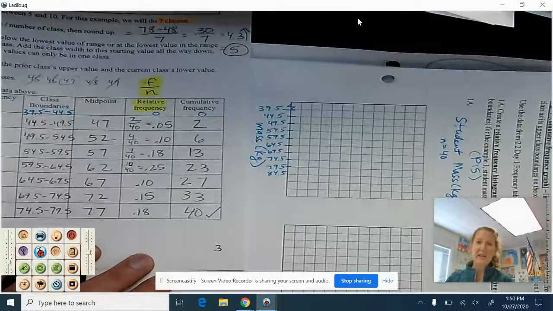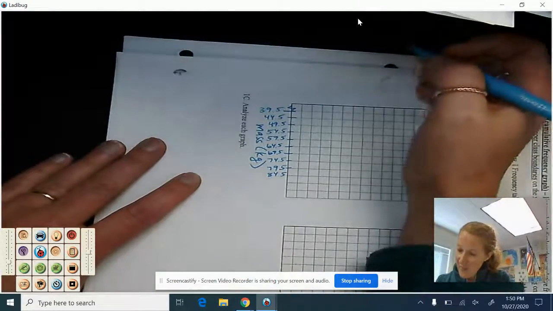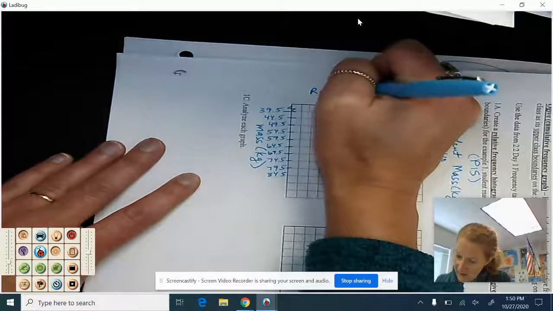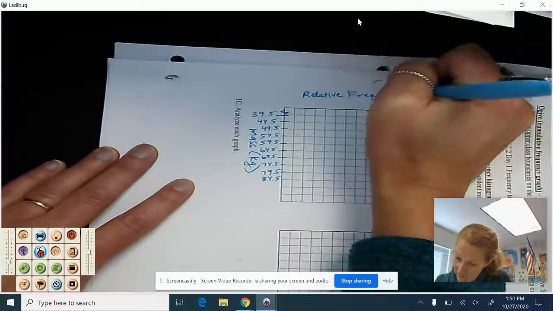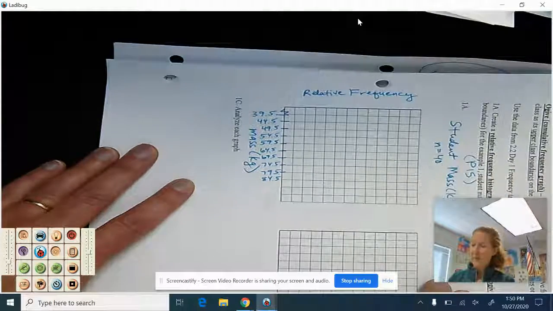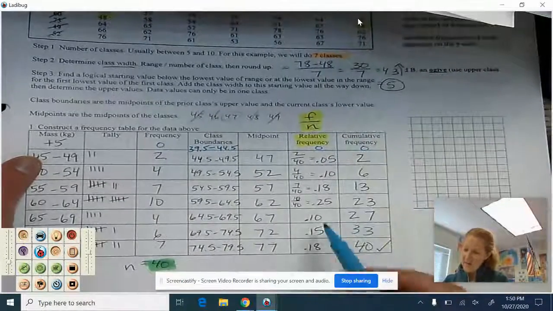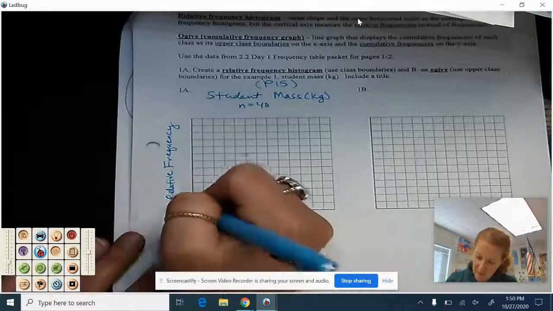Pause it here if you need to. Otherwise, I'm going to keep going. On the y-axis, I'm going to put relative frequency. The highest one I have is 0.25, so I have enough room to do 0.02 as my increment.